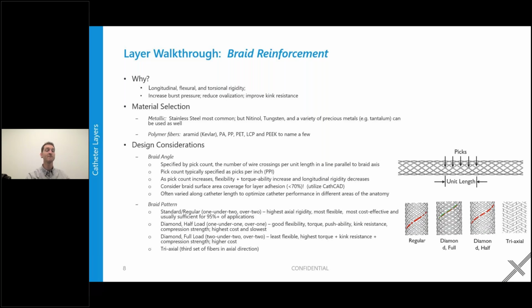The last one is diamond full load pattern, and so that's where 2 of the wires get paired up. And so you have 2 under 2 over 2. The problem with that pattern is it's pretty stiff. It's not as efficient because, to get the same PPI, you're running half the density.